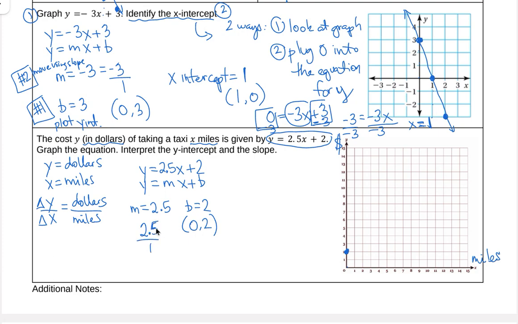And a little trick, if you don't want to have to go up half spots, you could always multiply the top number and the bottom number by 2, so you could have 5 over 2. So you feel like you have really good whole numbers to move along the grid lines, okay? So you can plot 2.5 over 1, so you'd go 1, 2, a half, and it would be right there. Or you could multiply by 2 to get rid of the fraction, and then you could go up 5, 1, 2, 3, 4, 5 over 2.